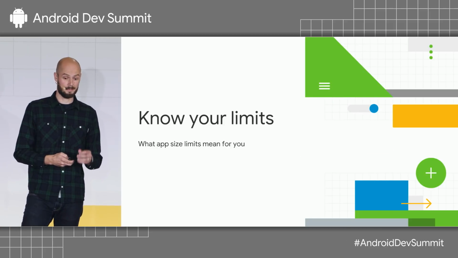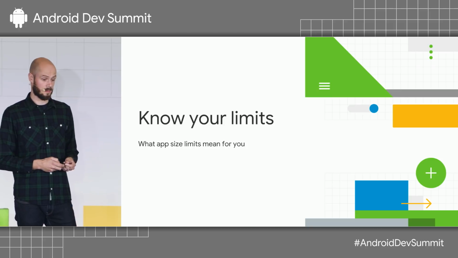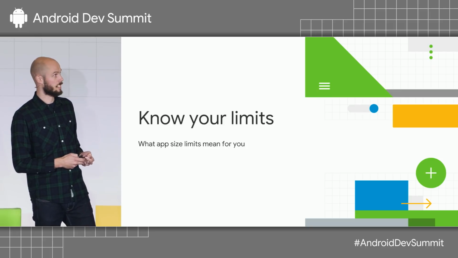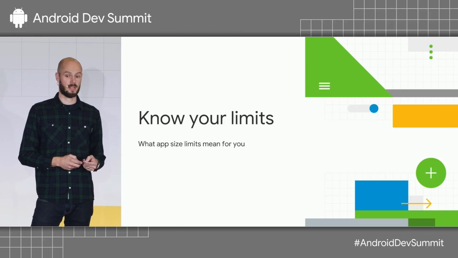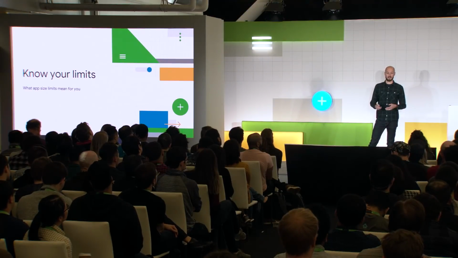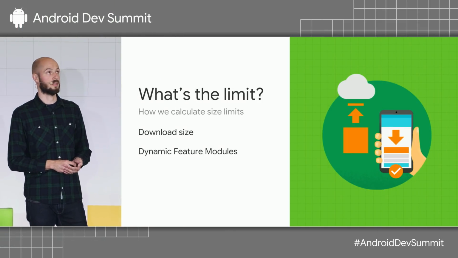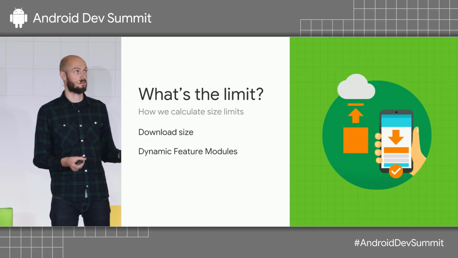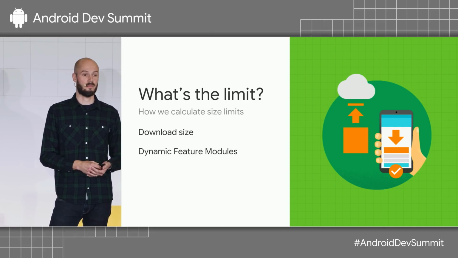I talked a little bit about file size. The limit that triggers, for example, the requires user confirmation coincides with a couple of limits that we have set for instant apps in general and for dynamic delivery. One of the things we do is we don't take the installed size as the main factor anymore.